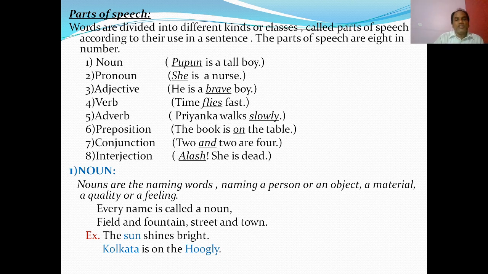You see, take the examples. The sun shines bright. The sun is the noun here, the naming word. Kolkata is on the Hooghly. Kolkata is a noun and Hooghly is a noun also.